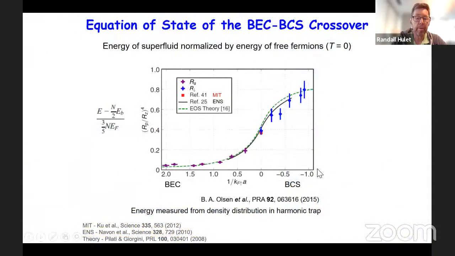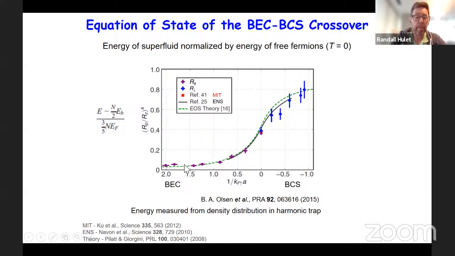All right, so this is another experiment that we did. This is an experiment to measure the energy of a ground state superfluid, normalized by the energy of a free Fermi gas. The free Fermi gas has an energy of 3/5 times the Fermi energy, times the number of particles.